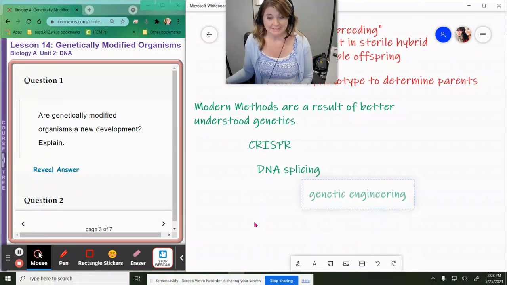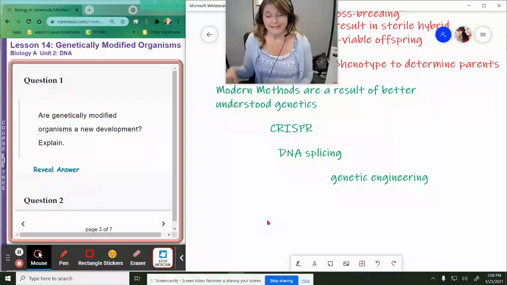People don't like this necessarily because it seems unnatural. It's very similar, if you will, to selective breeding, but it's more direct. Instead of taking two organisms and just mating them together and seeing what sticks, you're literally taking little pieces out of one and putting them in another, to make what you want without all of the trial and error that comes beforehand.